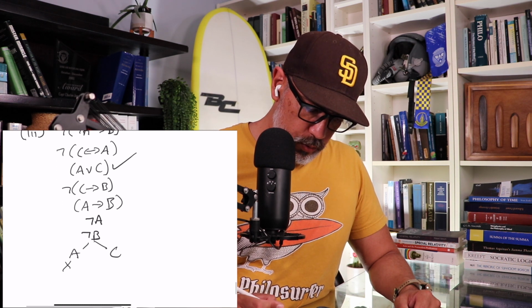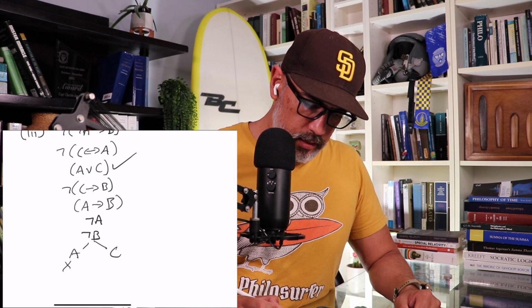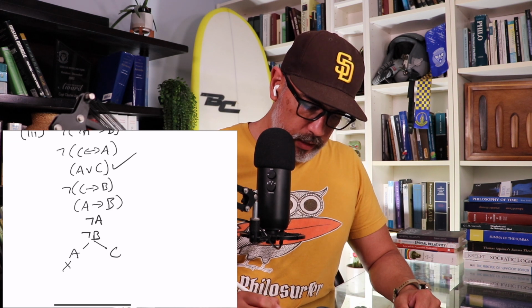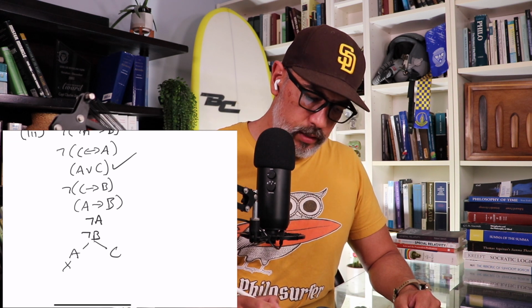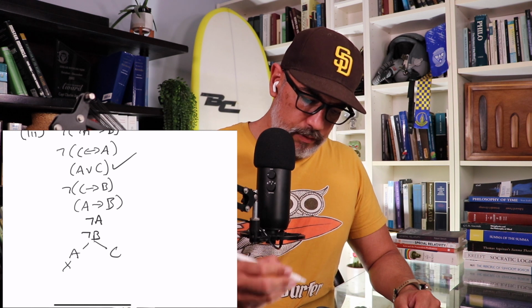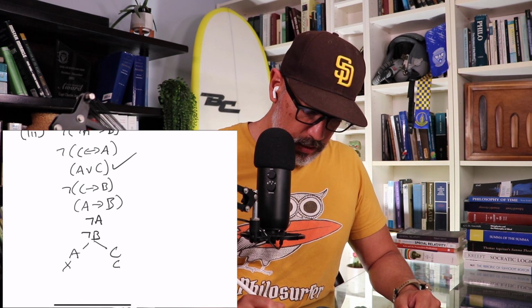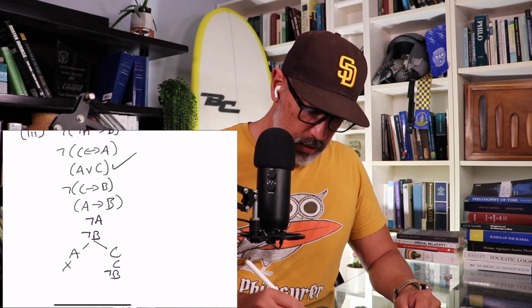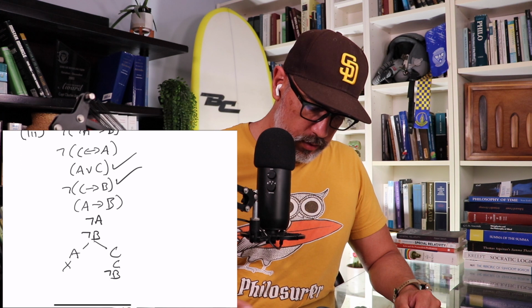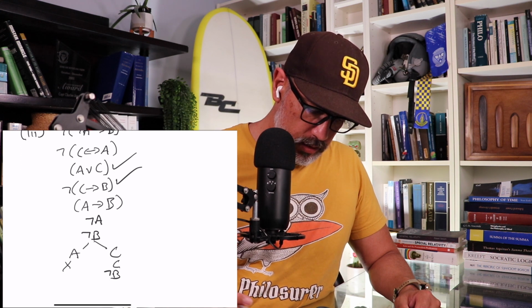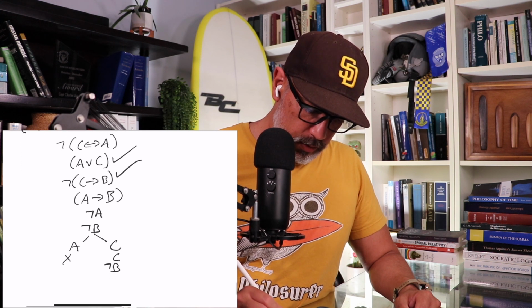And let's do the not C if and only if A. Actually, no, let's do the not if C, then B. That gives us C, not B. Check, that doesn't close anything out. Then we have the other one that I was talking about.